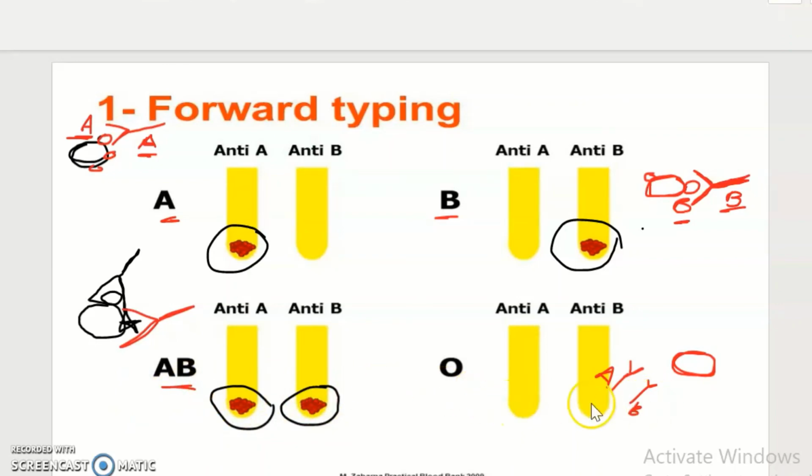And if you don't see agglutination in any of these, it means the patient blood group is O. So that's all about ABO and Rh typing.